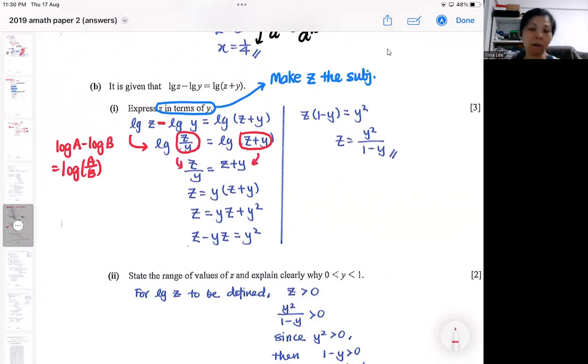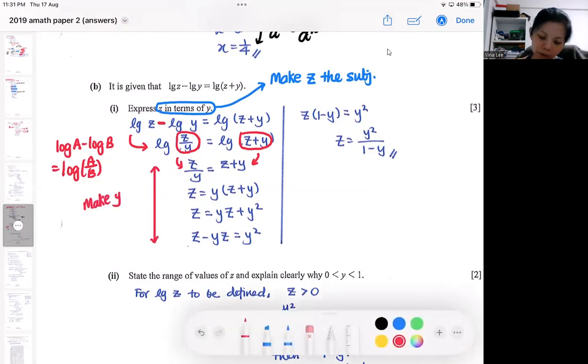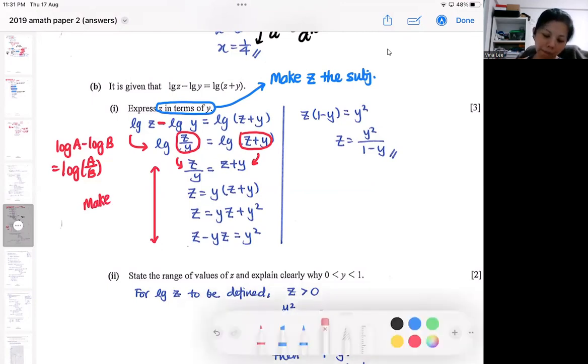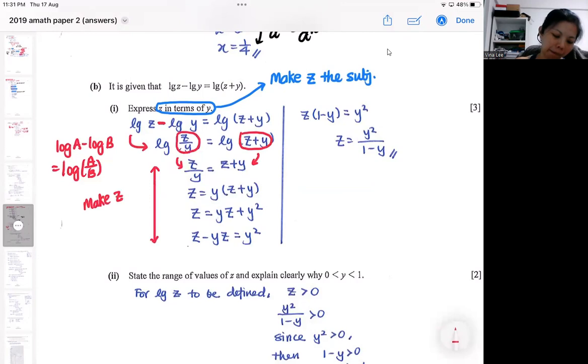Once there are no more logs, basically it's your algebra. It's your Sec 2 algebra where you make y the subject. Sorry, not make y the subject. You need to make z the subject. So you just cross multiply, and it will be quite easy.